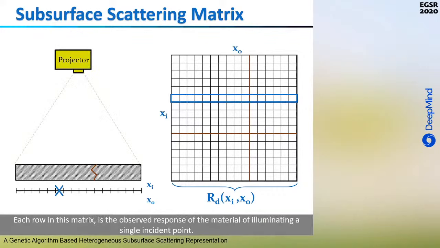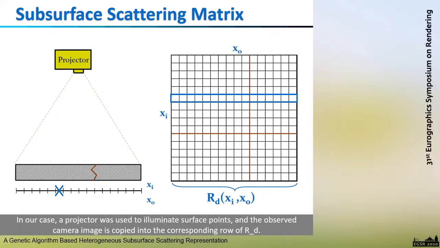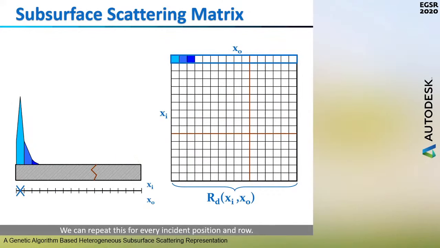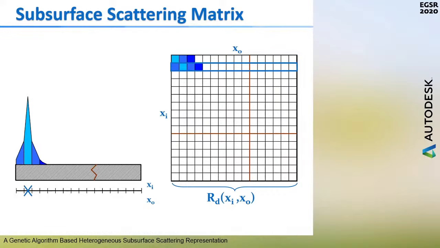Each row in this matrix is the observed response of the material to illuminating a single incident point. In our case, a projector was used to illuminate surface points, and the observed camera image is copied into the corresponding row of RD. We can repeat this for every incident position and row.